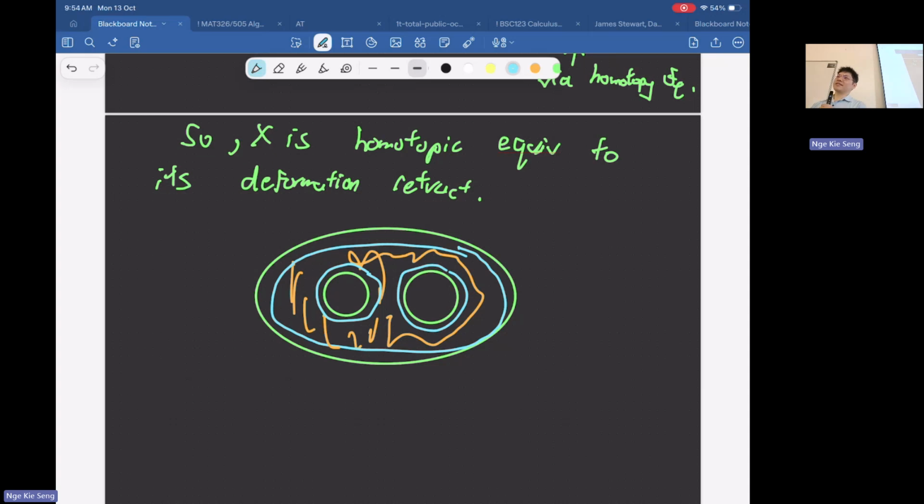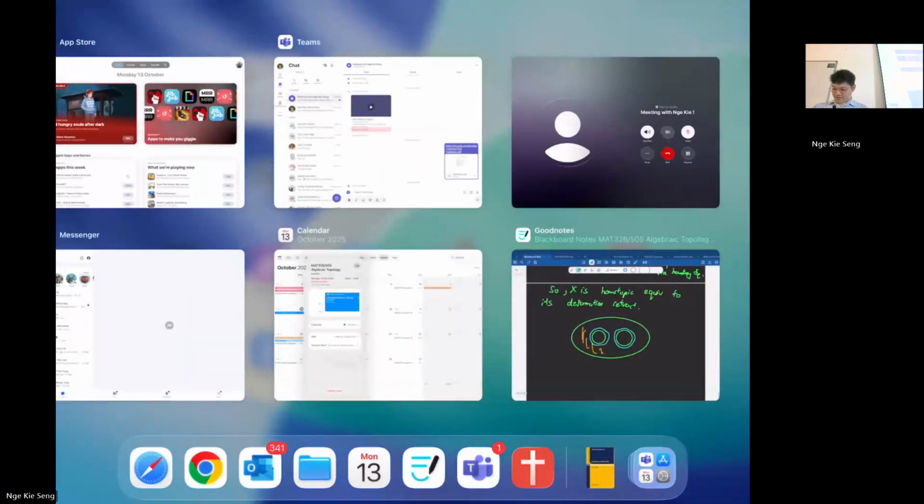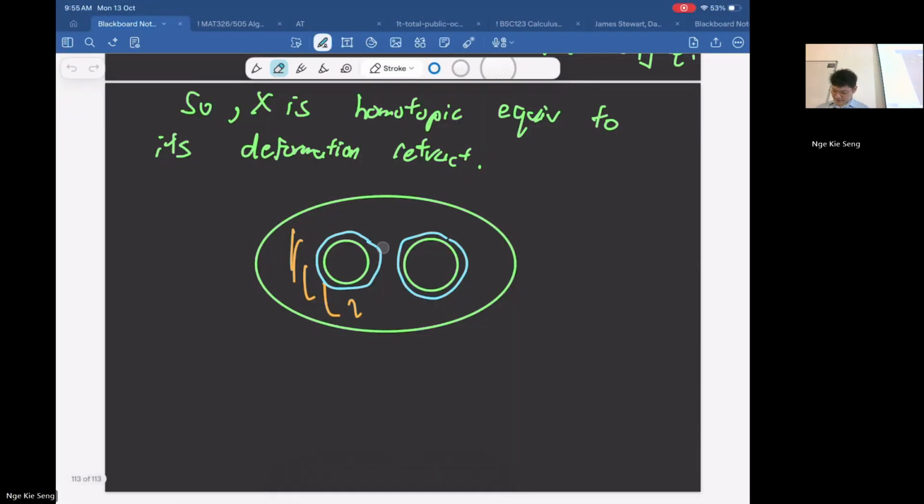How to cut it? I don't understand, how do you cut it? Okay, so maybe let me redraw one.